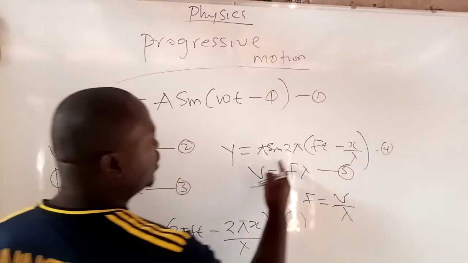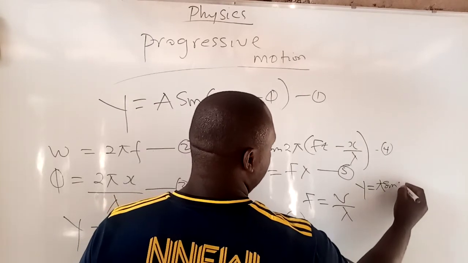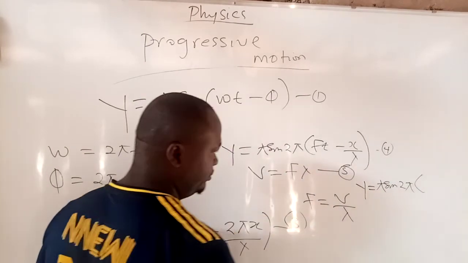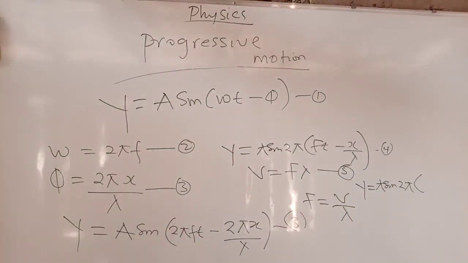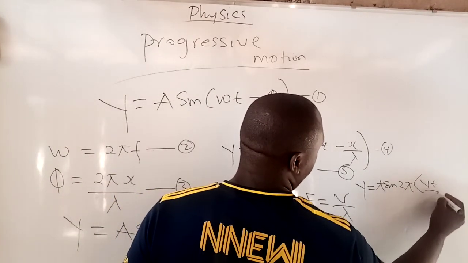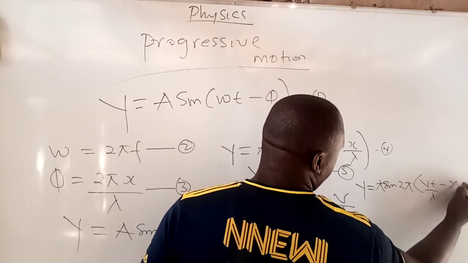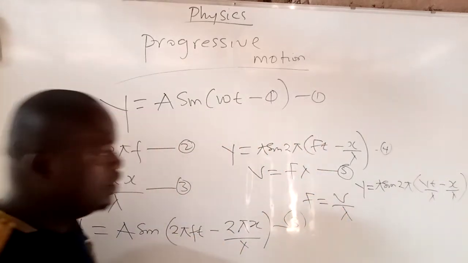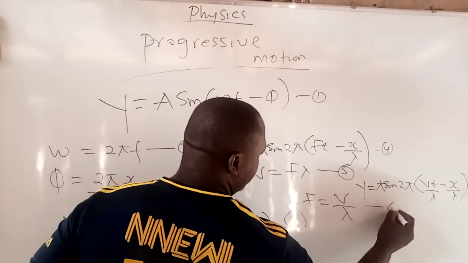So what this equation will turn to right now is y equals A sin of 2π all over, rather than writing f, I'm going to replace it with what? vt all over λ minus x all over λ. And that is how my equation is going to look like. Are you with me? Good. Now, I will call that my equation 6.